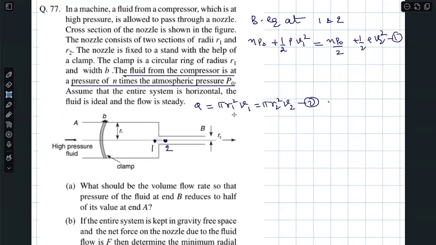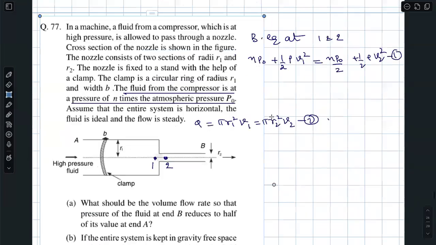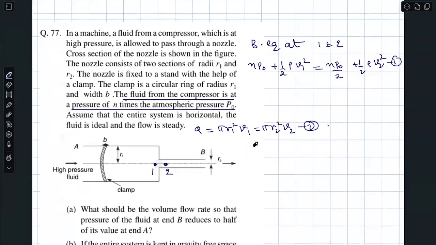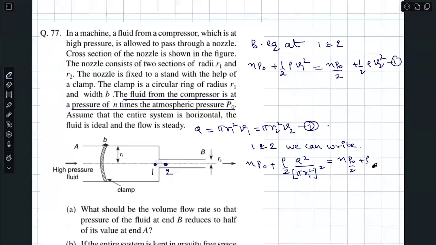Now using these two equations, we can write: nP naught plus rho by 2 Q square by pi R1 square whole square equals nP naught by 2 plus rho by 2 Q square by pi R2 square whole square.